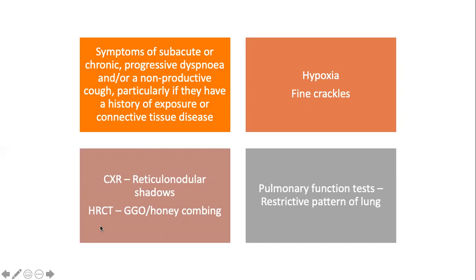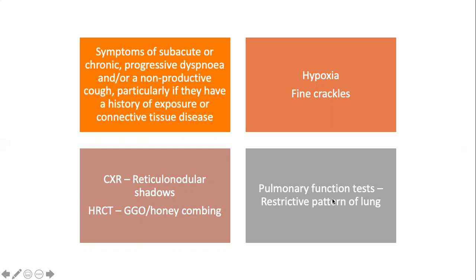So on high-resolution CT, again, there might be ground glass appearance and honeycombing of the lung when the disease is more extensive. But each of the specific entities that we discussed will have specific features on radiology, which will point to the diagnosis as well. But these are the general features that are seen.